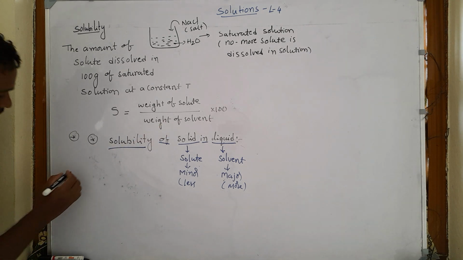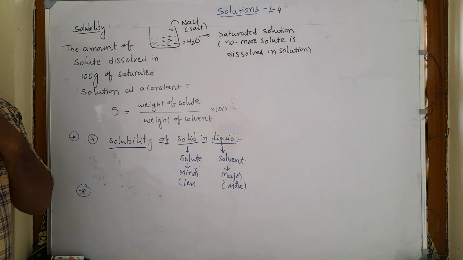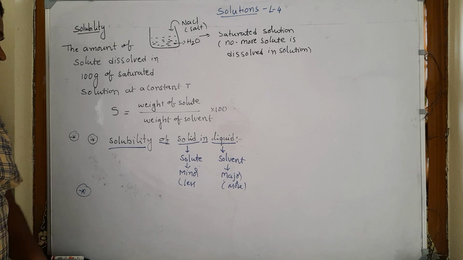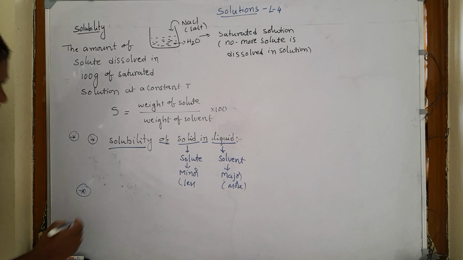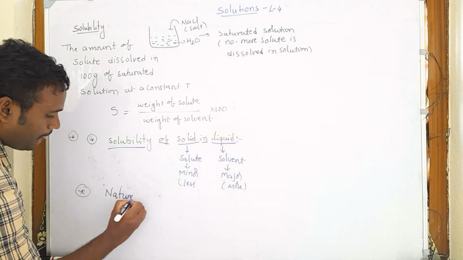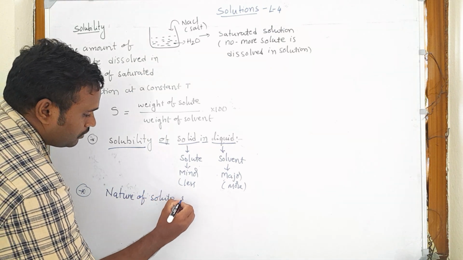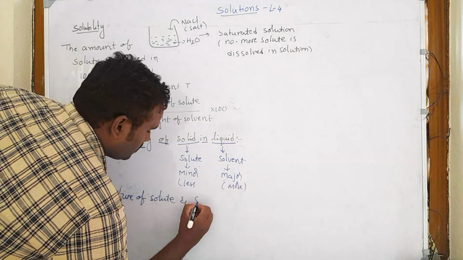So here, what are the factors that affect the solubility of solid in liquid? The first factor we can say is nature of solute and solvent.